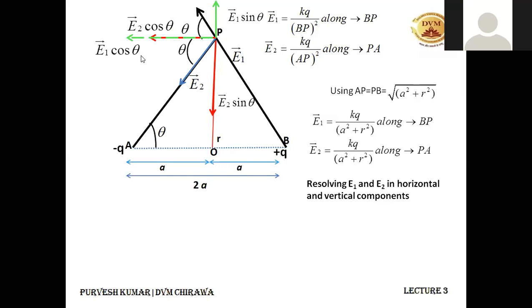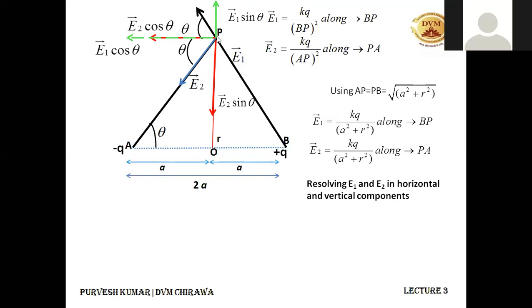Now that we have done the resolution, we know that magnitude-wise E1 and E2 are equal. You can see the magnitude of E1 and E2 is KQ upon A square plus R square. So the vertical components get cancelled out, being opposite in nature. E2 sine theta and E1 sine theta get cancelled out because E1 is equal to E2.